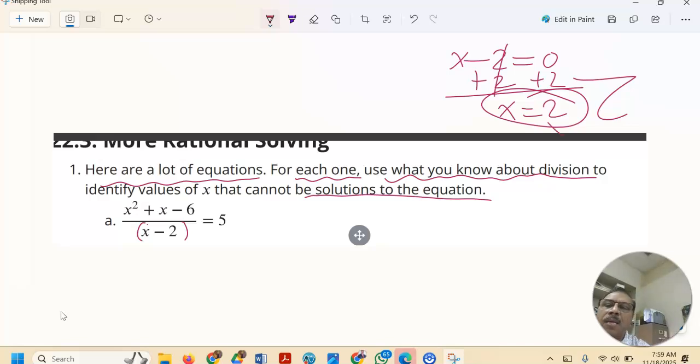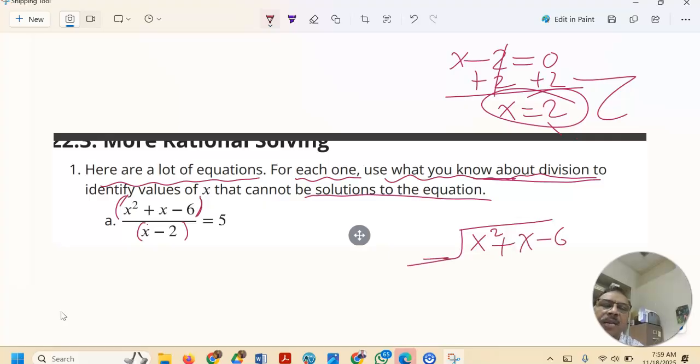Okay. And also, for the top one, we can factorize. It says use what you know about division to identify the values of x that cannot be solutions. And that means if I divide this way, x squared plus x. Can everybody try what I'm talking about?